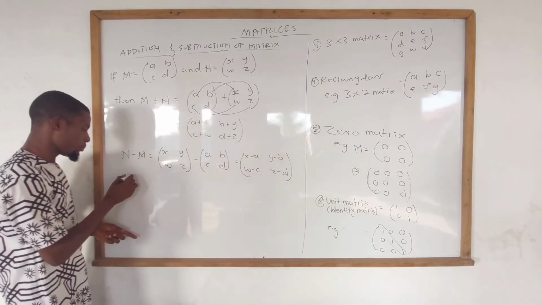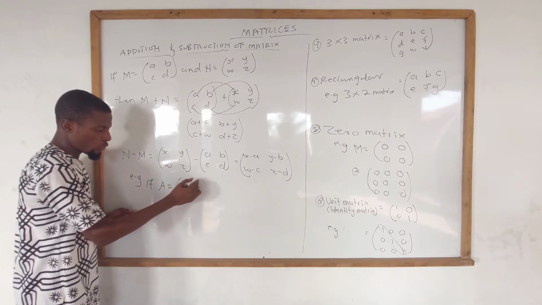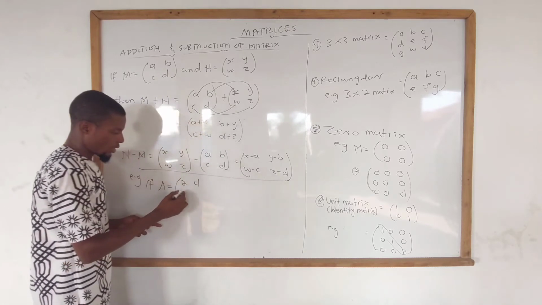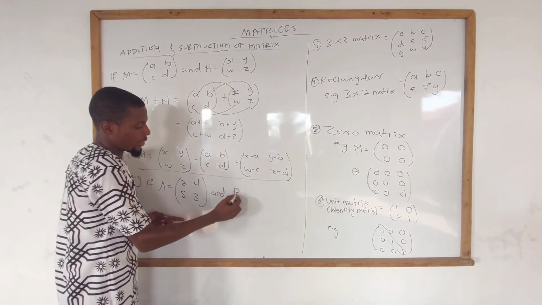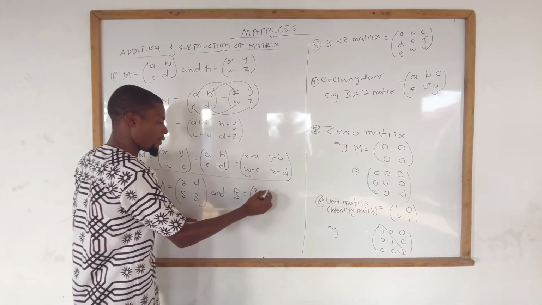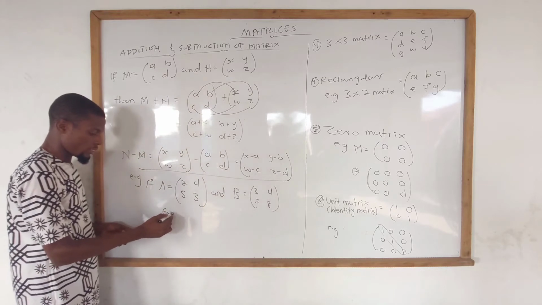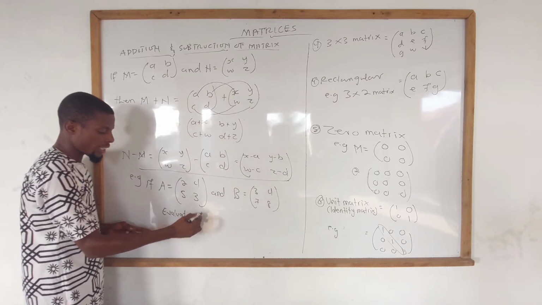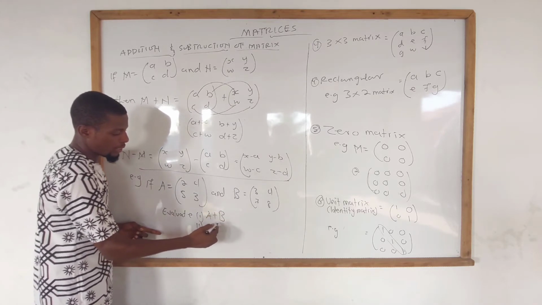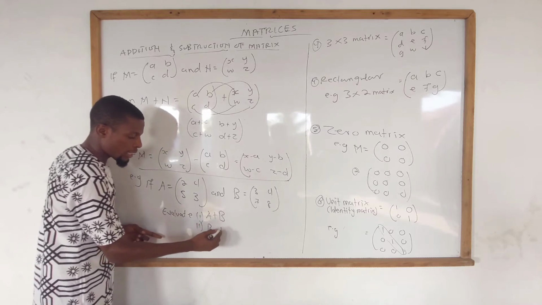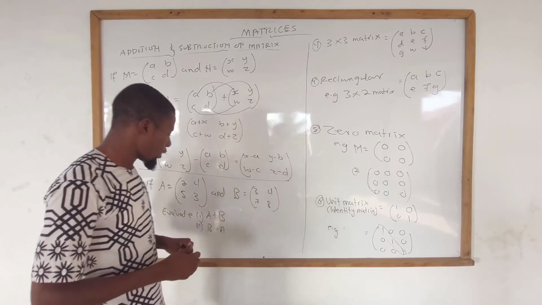For instance, if I have A equals 2, 4, 5, 3, and B equals 3, 4, 7, 8, evaluate A plus B, and then B minus A. So let's solve these two, then we'll draw the curtain on this particular episode.